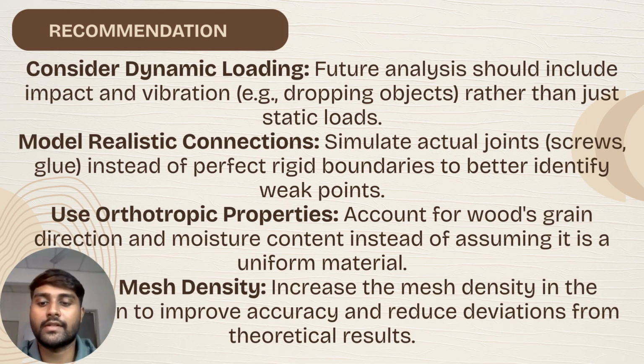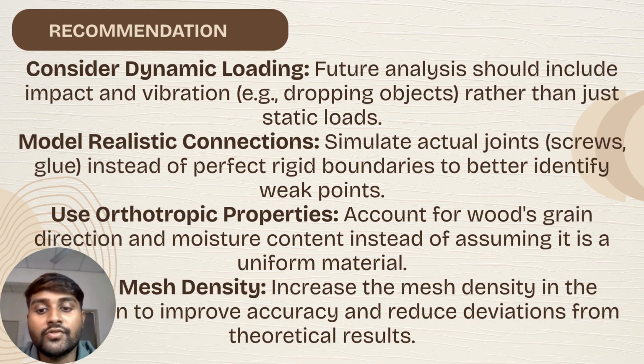Next, for the recommendations, we should consider dynamic loading. Future analysis should include impact and vibration, for example dropping objects, rather than just static loads. Next is to model realistic connections, like simulating actual joints such as screws and glue, instead of perfectly rigid boundaries, to better identify the weak points.